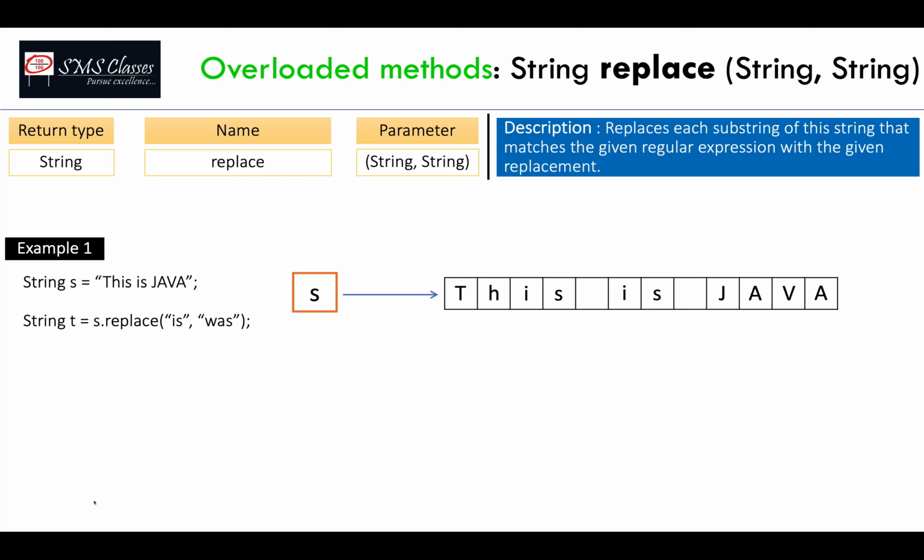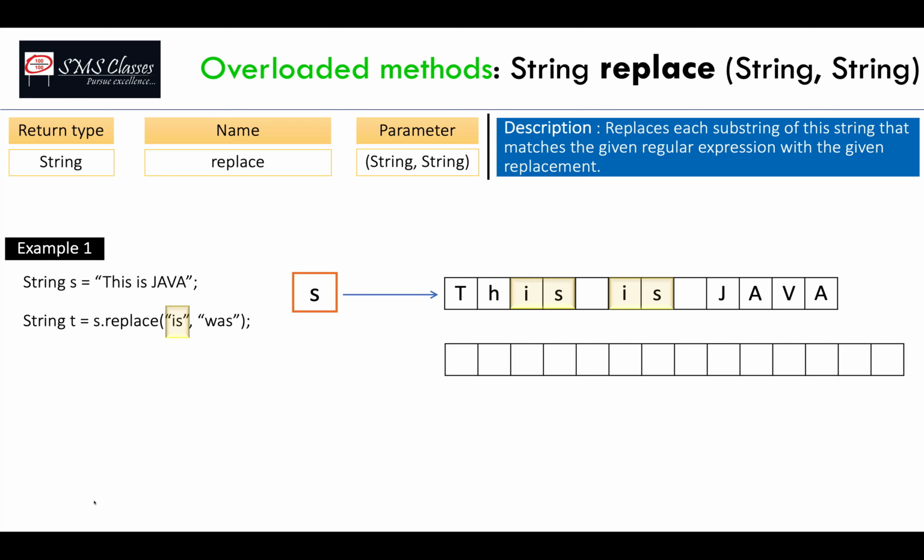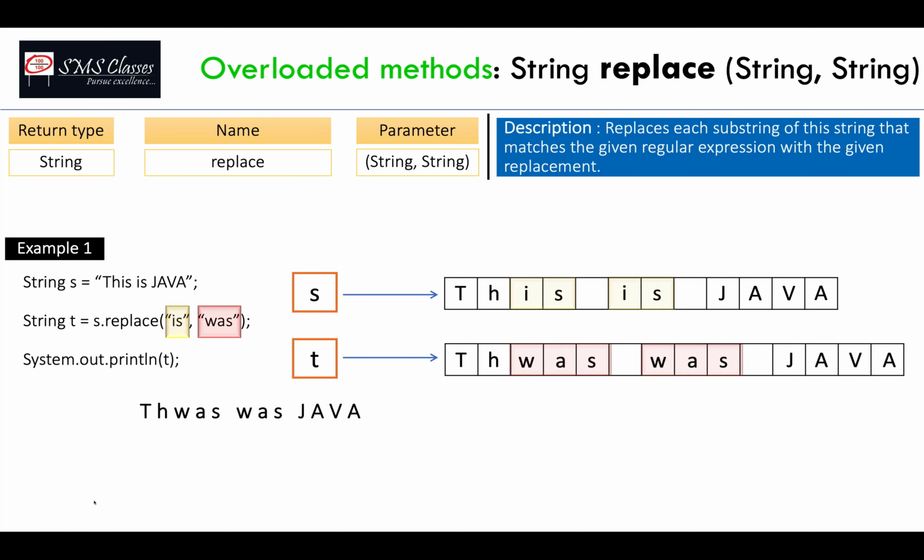Now it is a string by another string. Now if you notice, there are two is's in the string. It is called pattern matching. Wherever it finds is, it's going to replace that with was. So the is is getting changed to was. So now the output will be something like this.